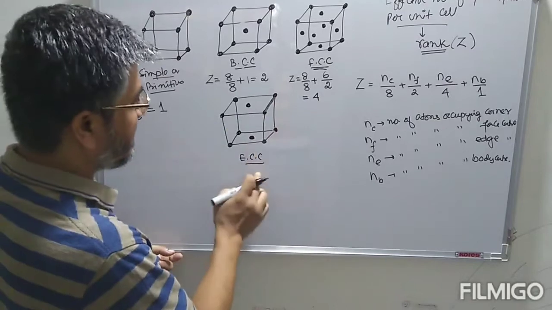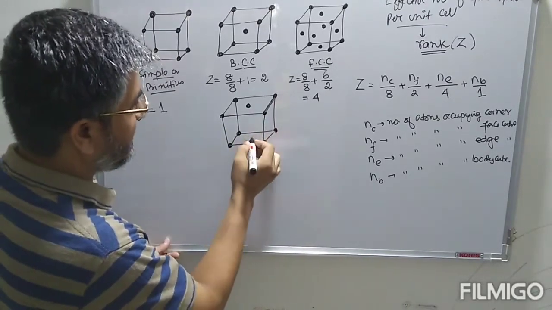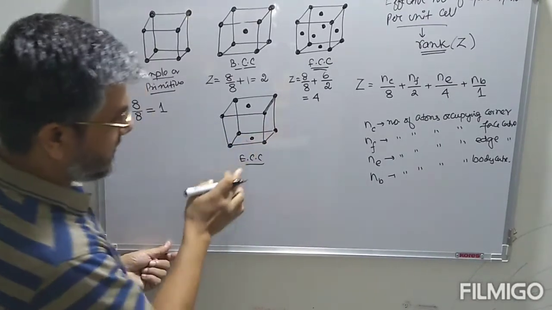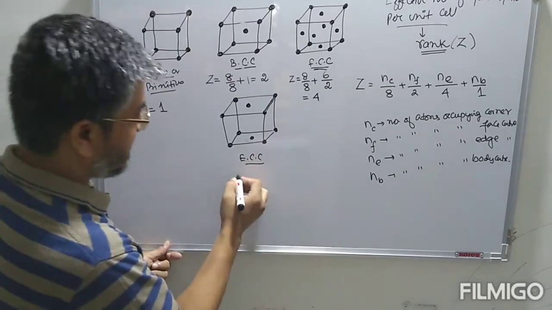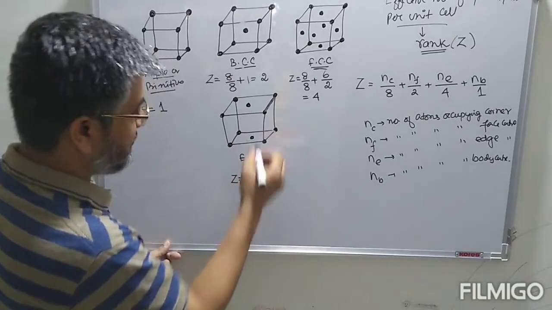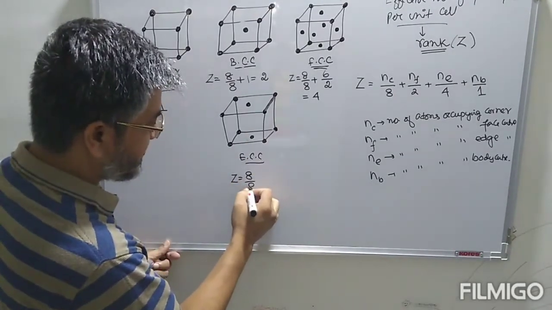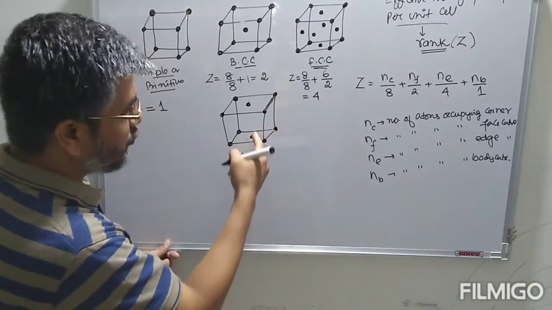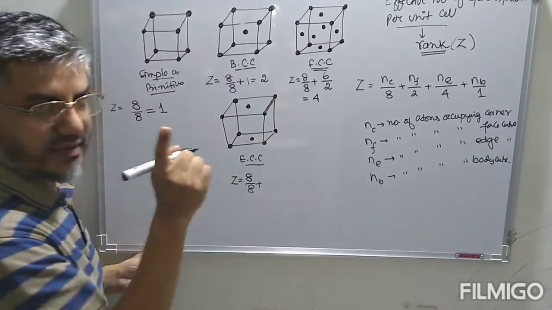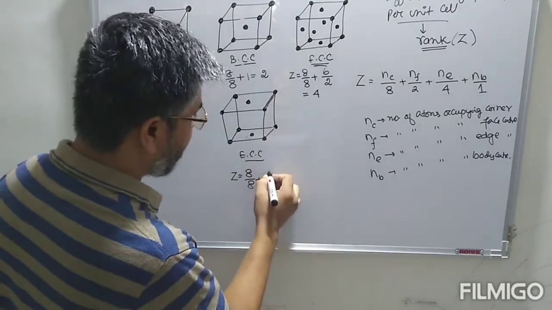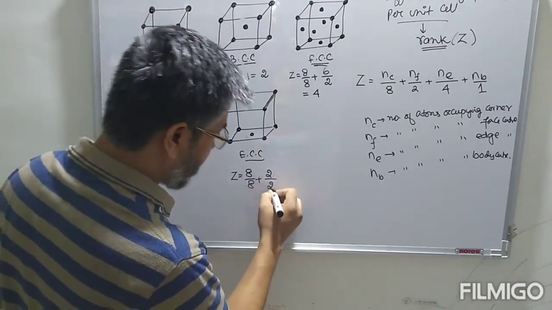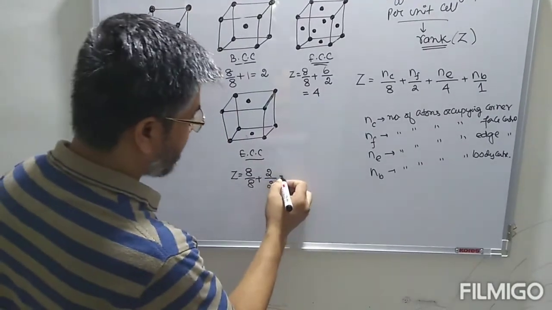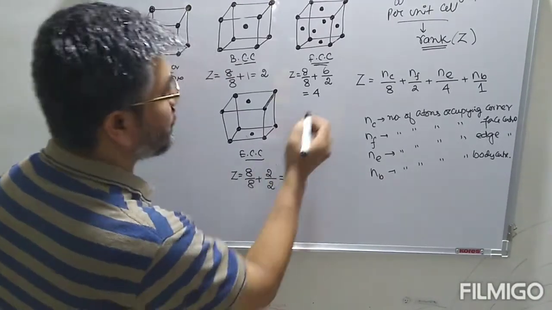Now in case of this end centered cell, we have 8 corner atoms plus we have 2 faces, and each face has a face center. So number of face center atoms is 2 and contribution is half. So this comes out to be 1 plus 1, 2.